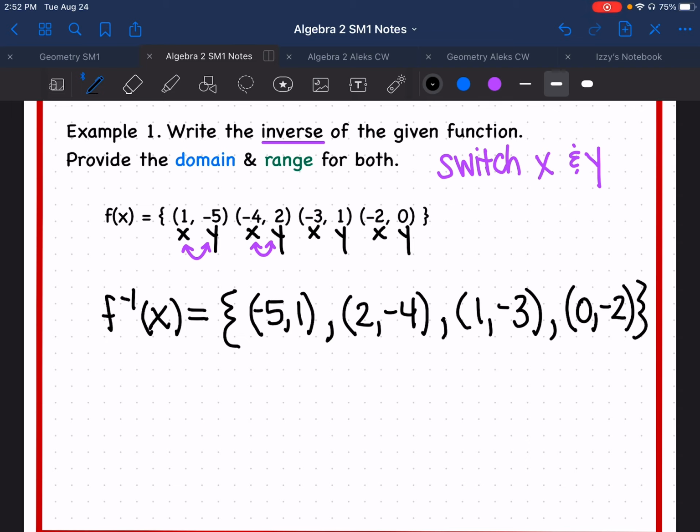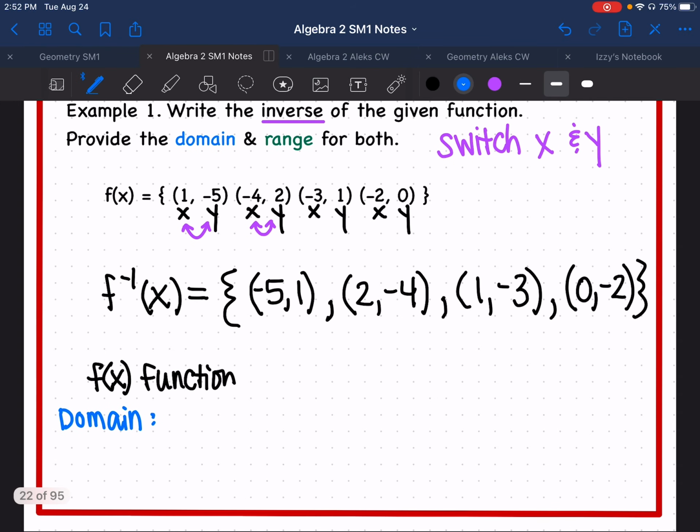Let's talk about the domain and the range. So let's do f of x, which was my original function, and talk about the domain. If you remember, the domain are your x values.